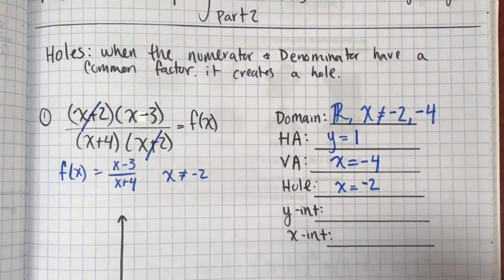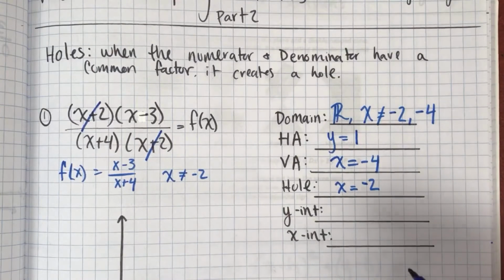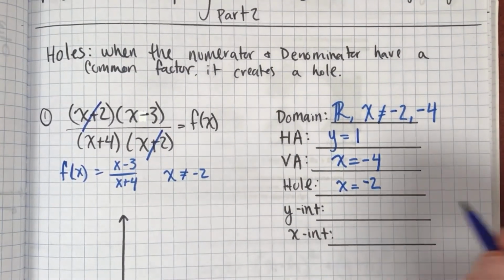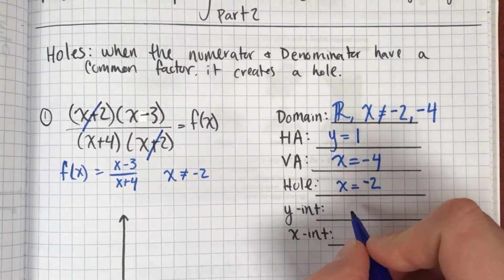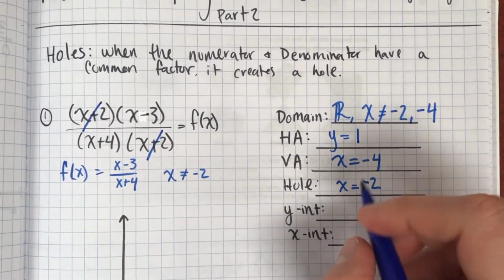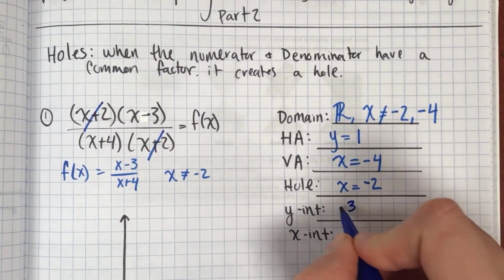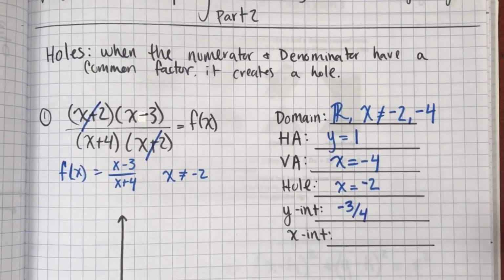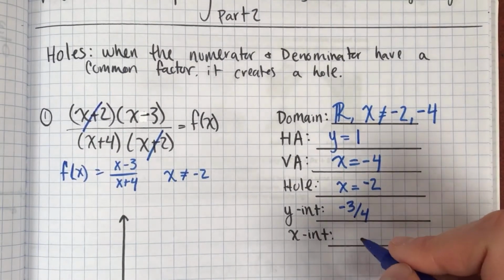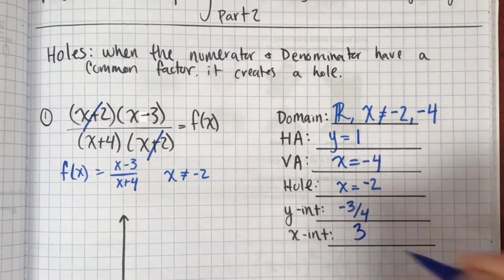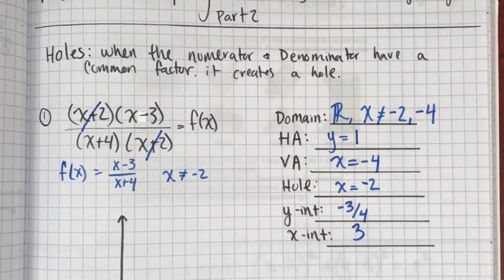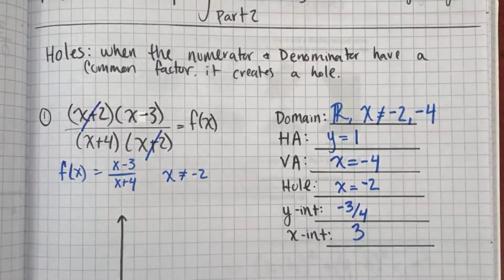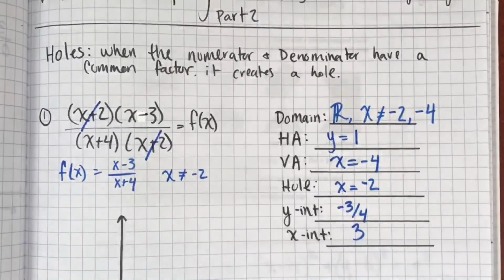For our y-intercept, we can find that by plugging in 0 for x, and so we've got y equals negative 3/4. For our x-intercept, we plug 0 in for y, and we get our x-intercept as 3. So now we have all the key components for us to be able to graph this and make a fairly great sketch.